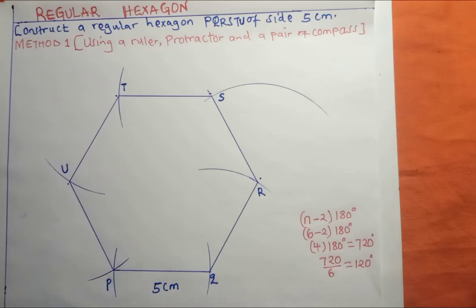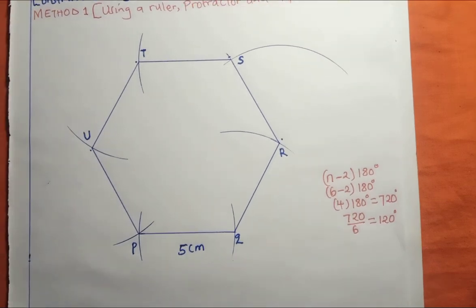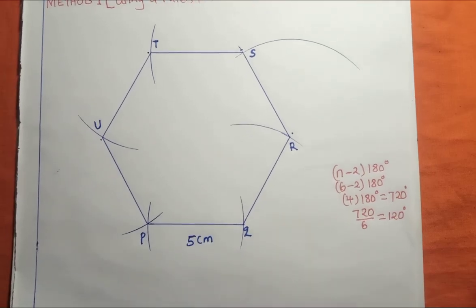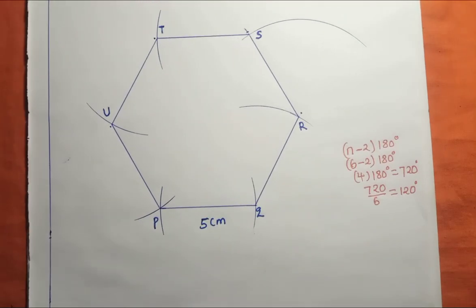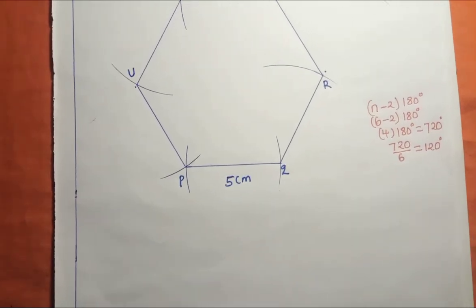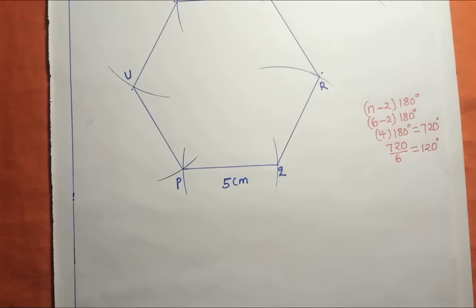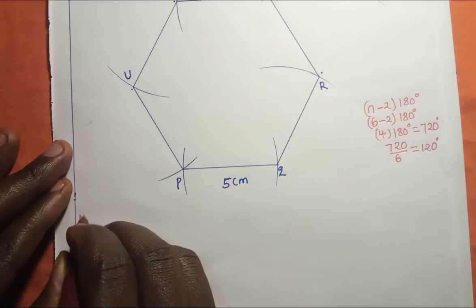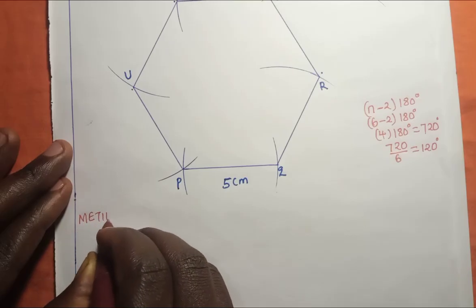This is the first method whereby we use a ruler, a pair of compass, and a protractor. I want to believe that you have understood everything that I have explained. I want to move to the second method that is very easy. So I want to have the second method here, method 2.